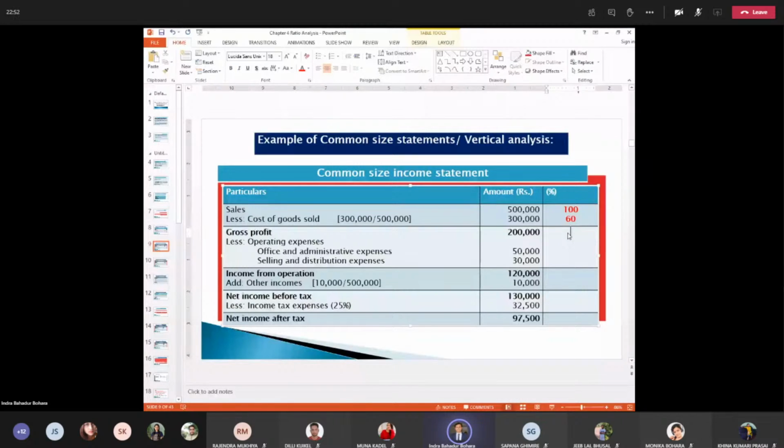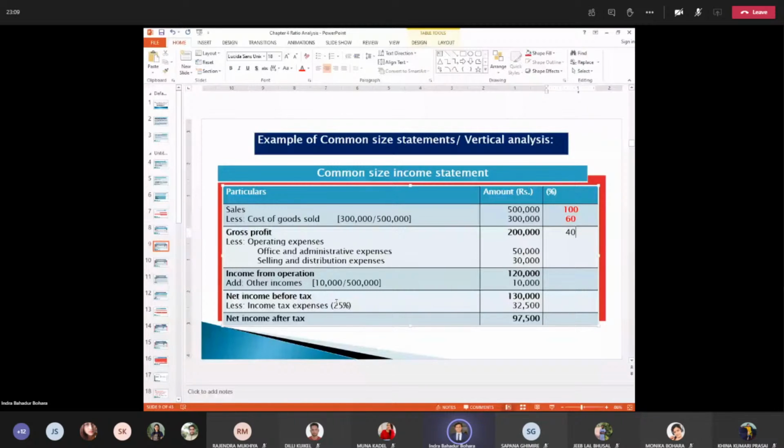And similarly, 2 lakh rupees is gross profit. What percentage is 2 lakh rupees on 5 lakh, or on sales? 2 lakh divided by 5 lakh, it is 40%, or 100% minus 60%, it is 40%.